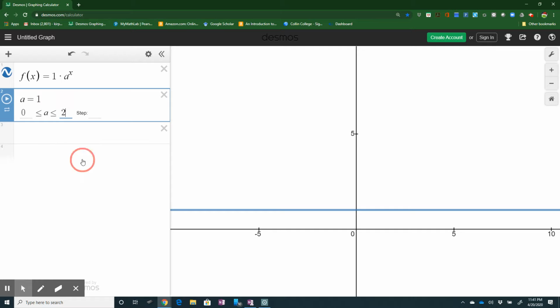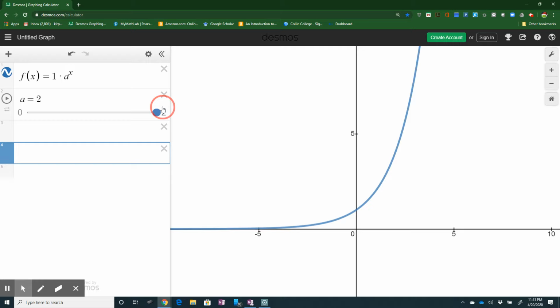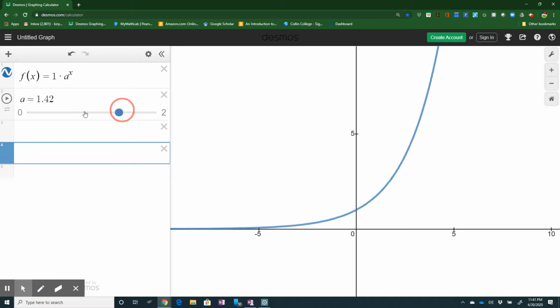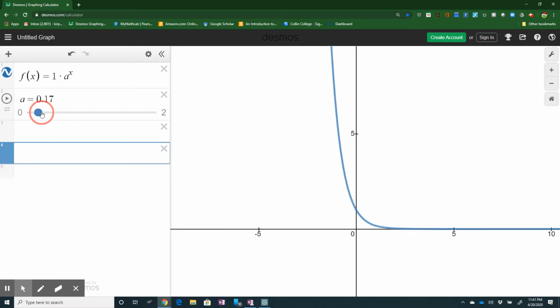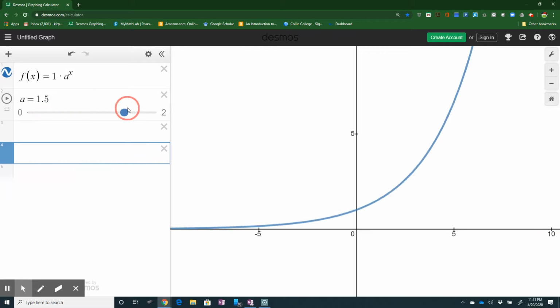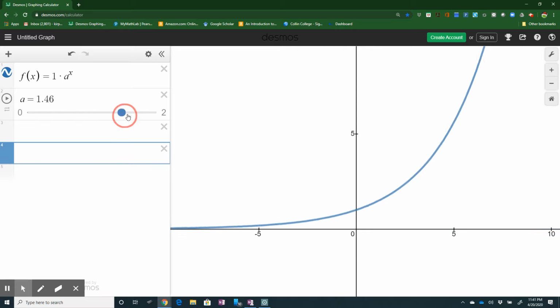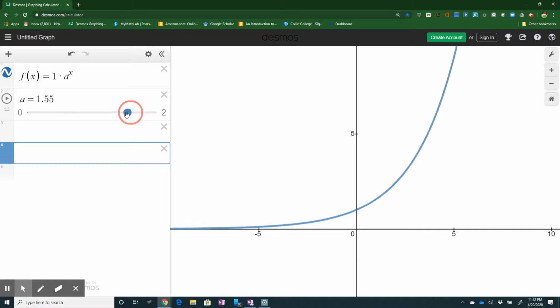So there's 2 ways this graph can look. It can look like this, or it can look like this. And so we got to know the differences between the two.